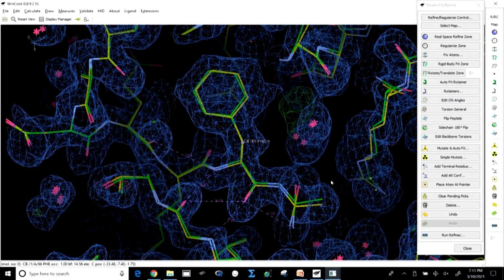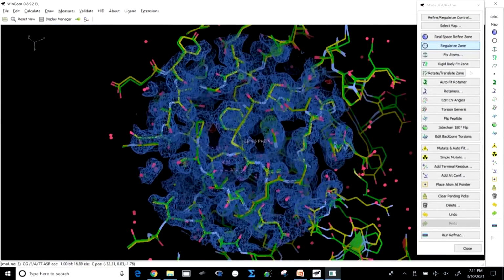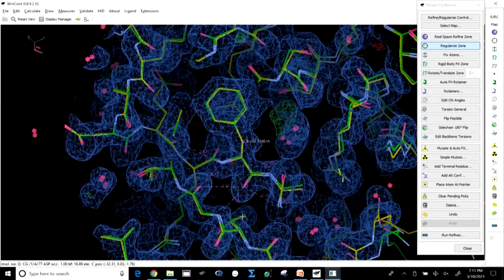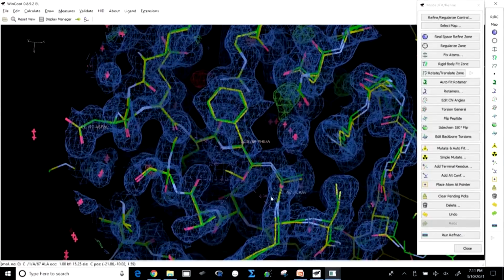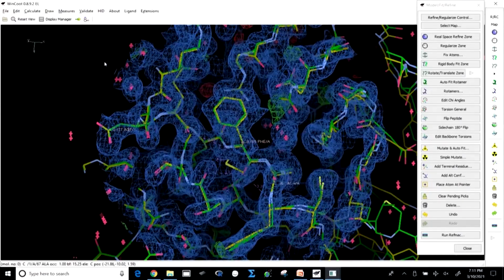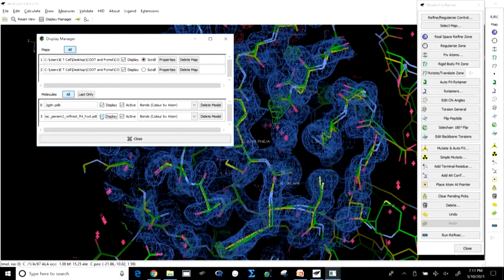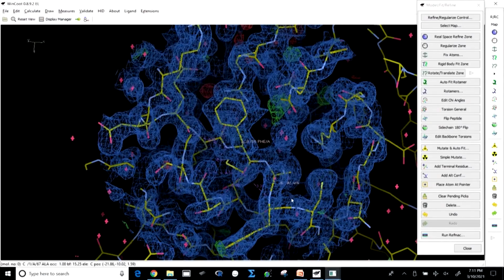We could also do regularize zone. Regularize zone is you click on one atom and then you choose a zone where they are connected and you click on the other amino acid. Like if I go for one structure it would be easier.